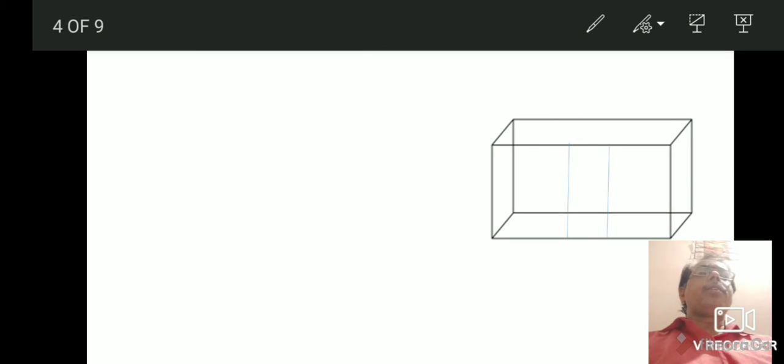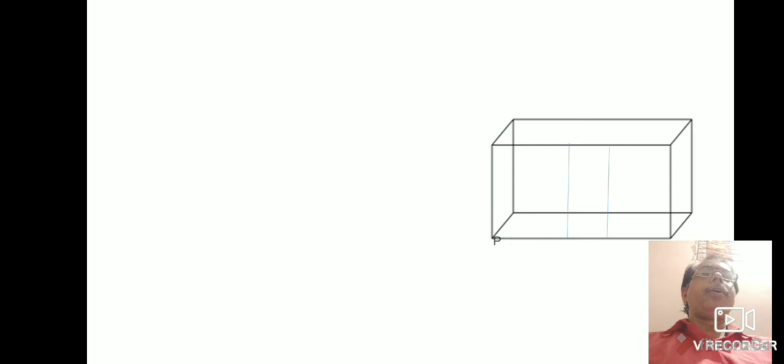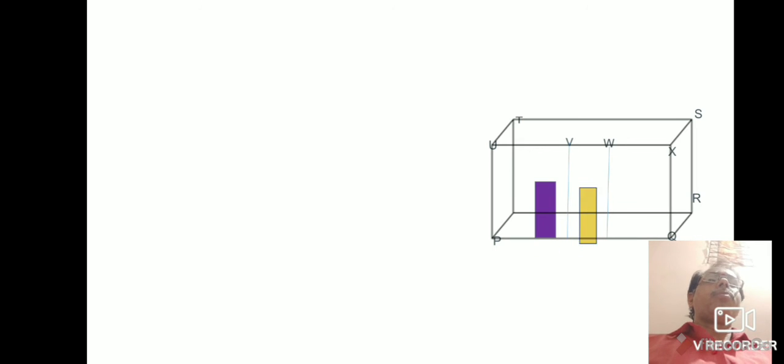Here we have a cuboid and vertices P, Q, R, S, T, U, and here P, W, and X. By seeing this figure also, and one more part, a rectangle also there, it seems to be like a building.